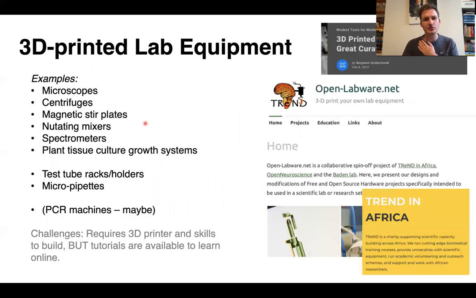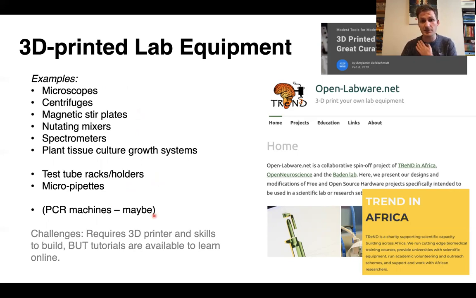For example, 3D printed lab equipment is becoming more mainstream. There are examples available of 3D printed microscopes, centrifuges, magnetic stir plates, mixers, spectrometers, plant tissue growth, so doing plant genetic engineering, and even test tube holders and things.